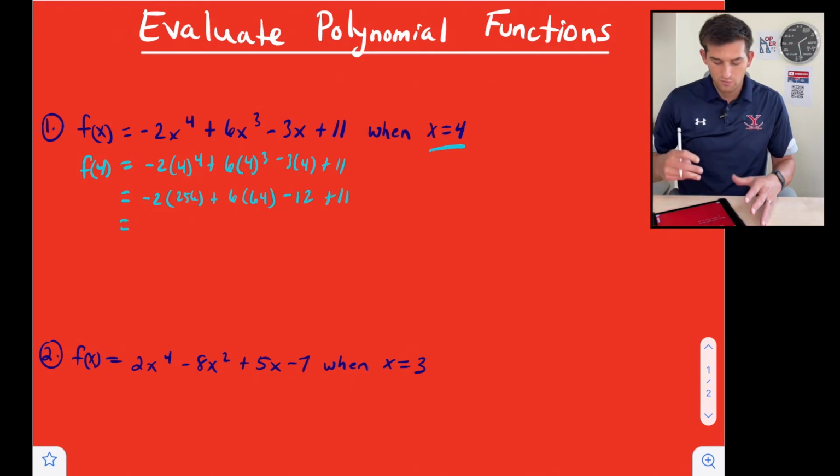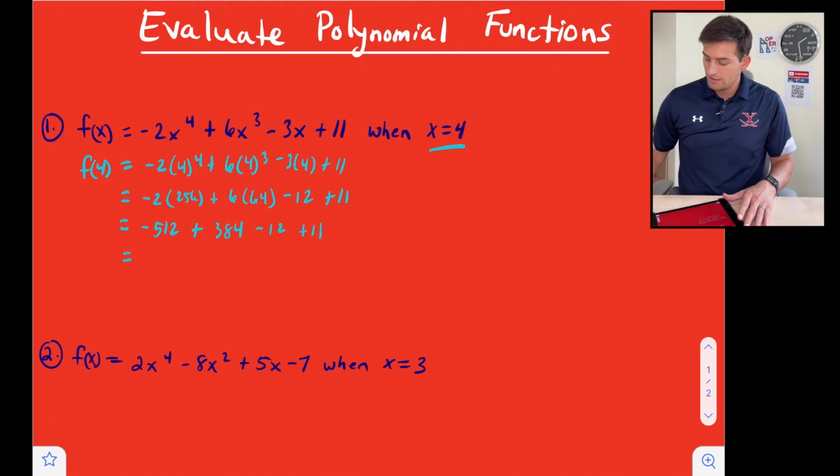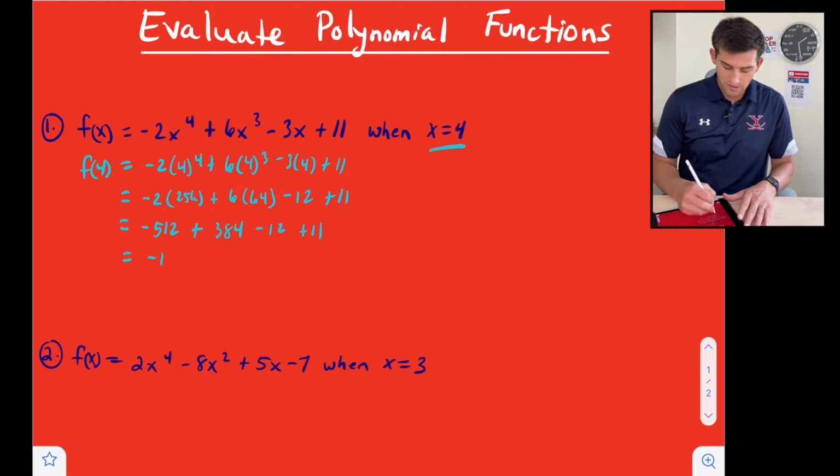Now I'm going to multiply the two products that I see right here. Negative 2 times 256 would be negative 512, plus 6 times 64 would give us 384. And now we have minus 12 and plus 11. So now I'm going to do negative 512 plus 384, and that's going to give me negative 128.